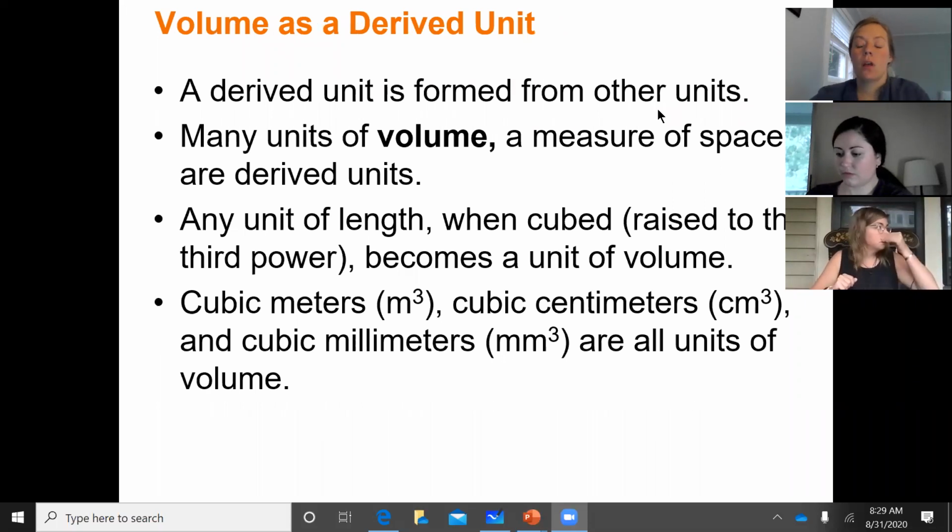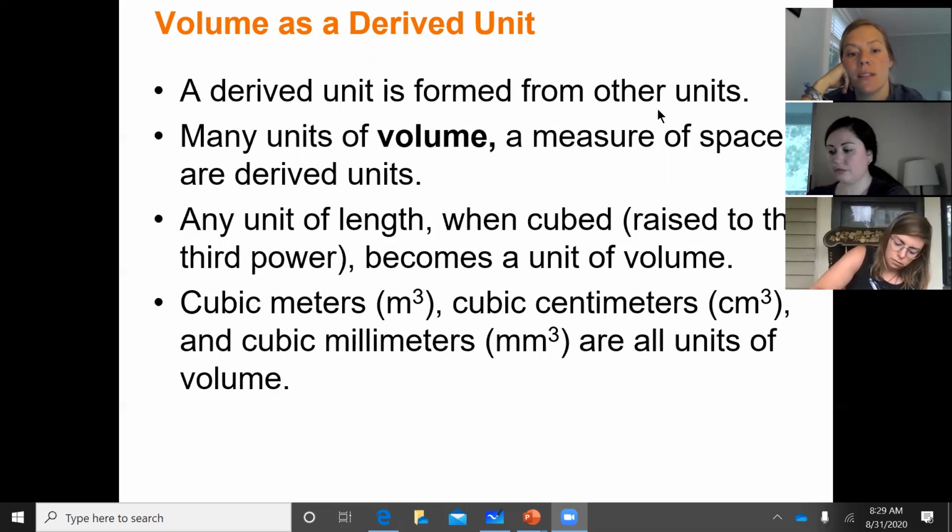All right. Volume. Volume is a measurement of space. The SI unit for volume is the liter, but volume can be what's called a derived unit. A derived unit means that it's made up of other units.